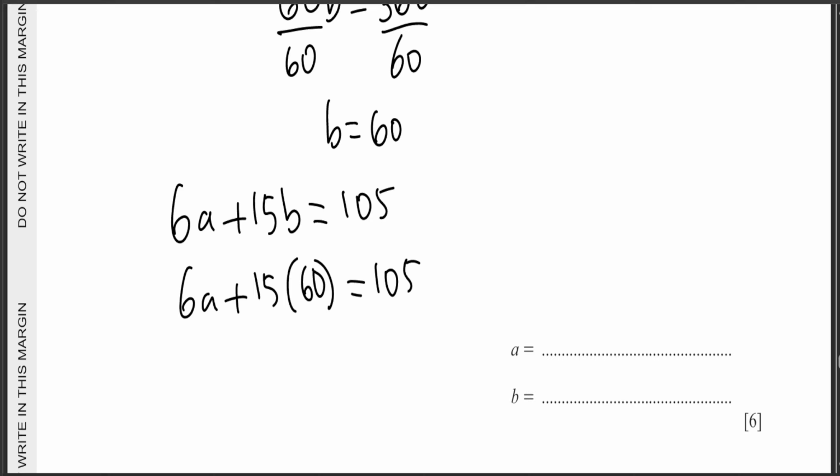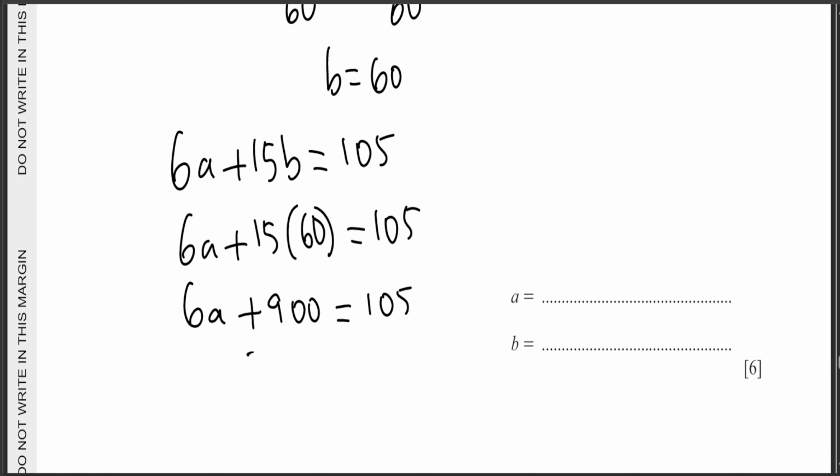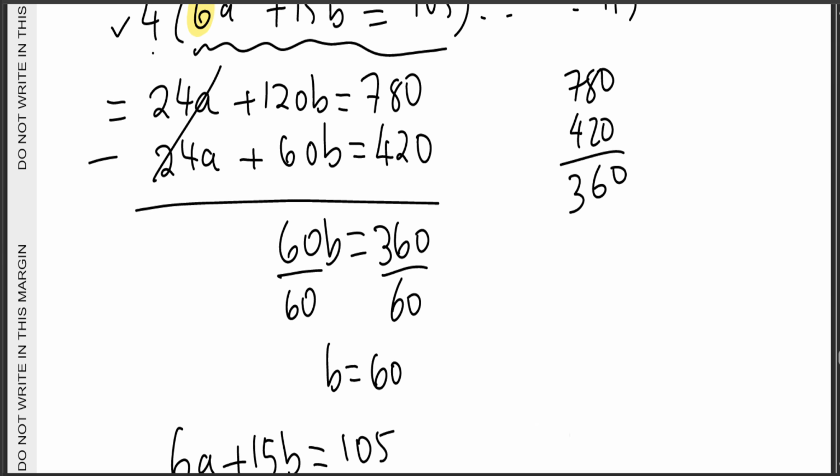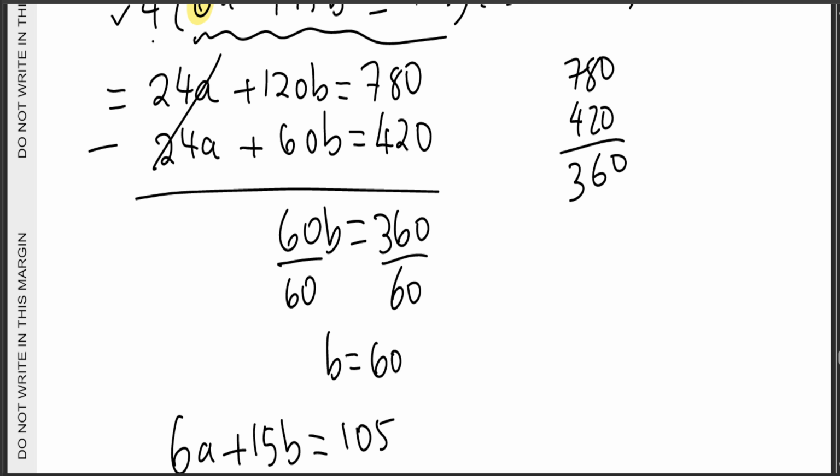So 15 times 60 would give you 900. But does that make sense really? Sorry, B is not 60, B is 6. 360 divided by 60 gives you 6.